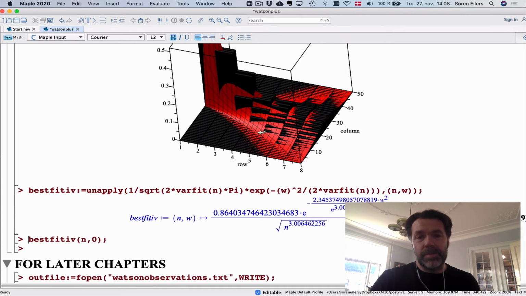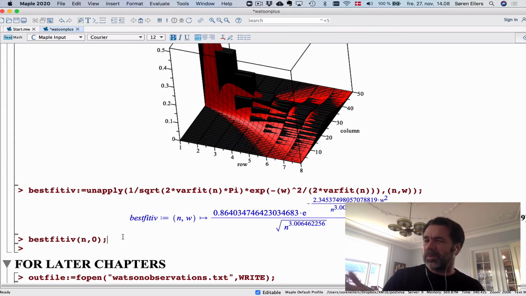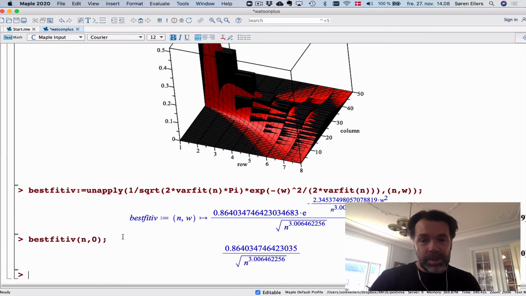This is the thing that I've plotted in red, and you can see it fits the observations very well. So in a sense, this was a bit of a detour because I wasn't really interested in buildings with arbitrary weights. I was interested in the case where the weight was 0, but then that's already something, right?